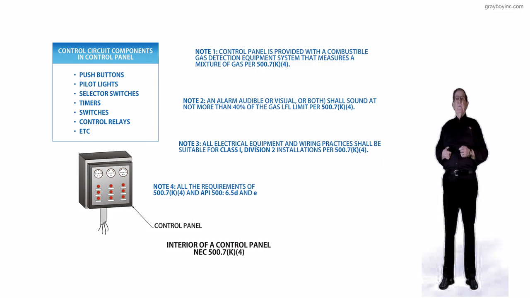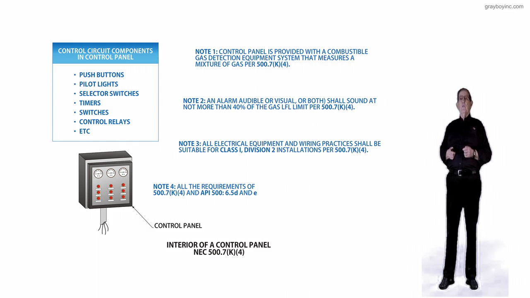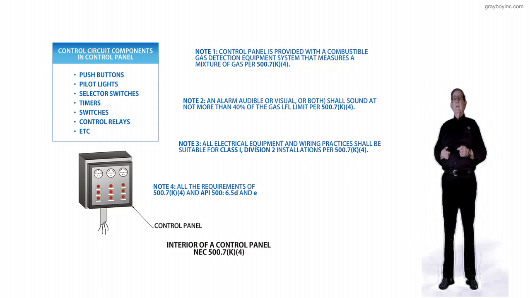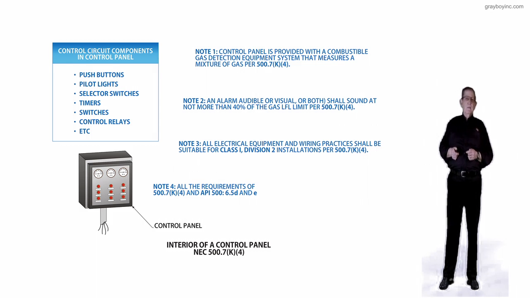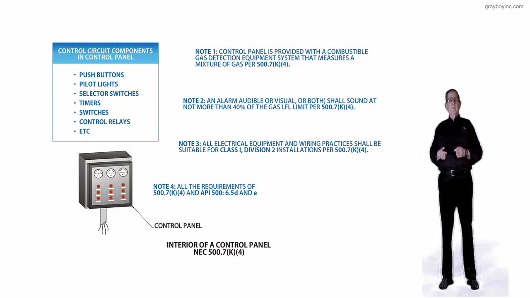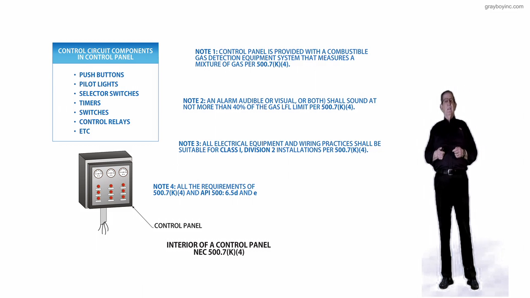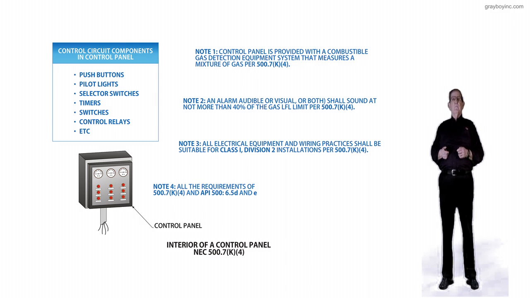Note 2, an alarm, audible or visible or both, shall sound at not more than 40% of the gas LFL limit per 500.7(K)(4). And sometimes, through engineering ability, that 40% may vary a little bit based upon the aging of the equipment or the production, whatever may be involved.